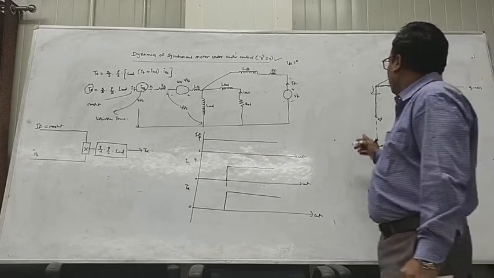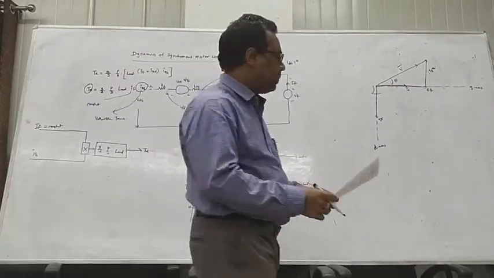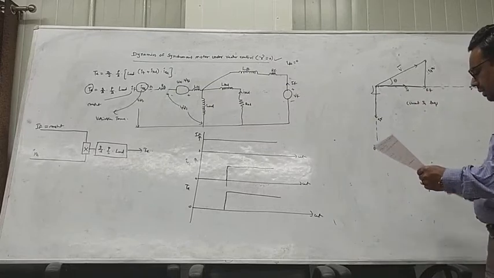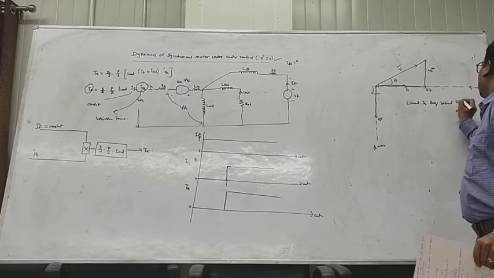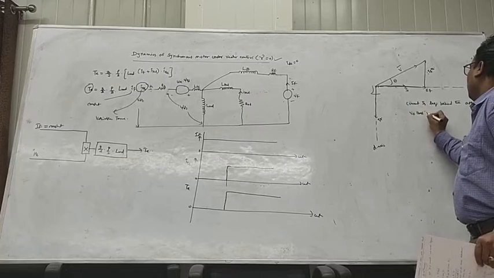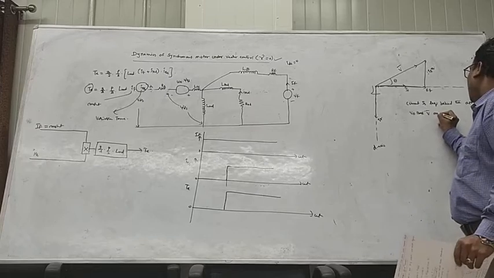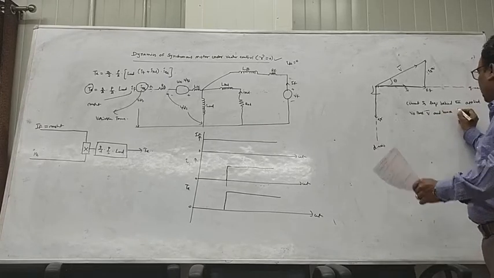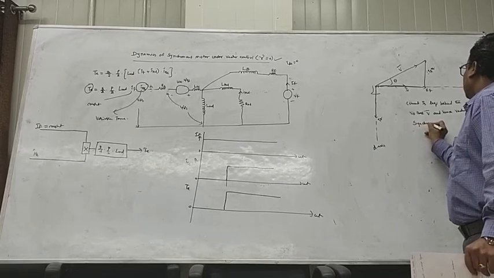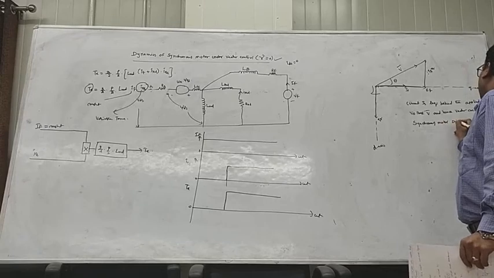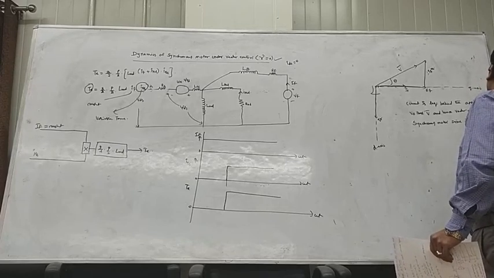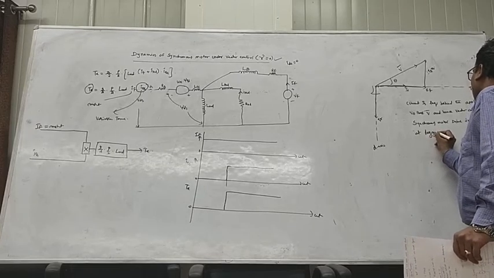What I would like to conclude from this phasor diagram is that the current IS lags behind the applied voltage V at an angle of theta, and hence the vector control of a synchronous motor drive is operated at lagging power factors.